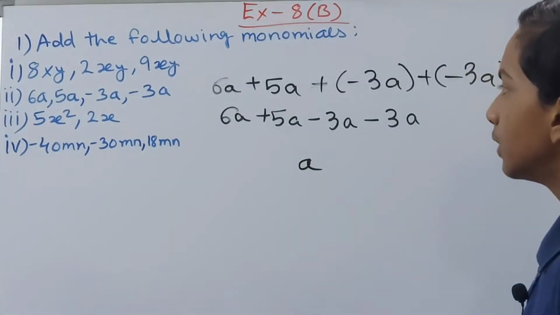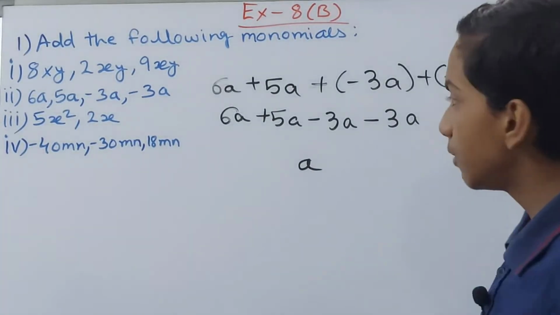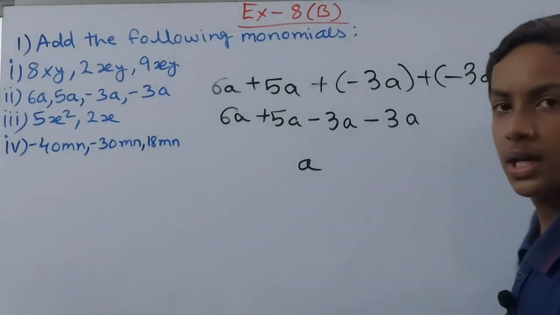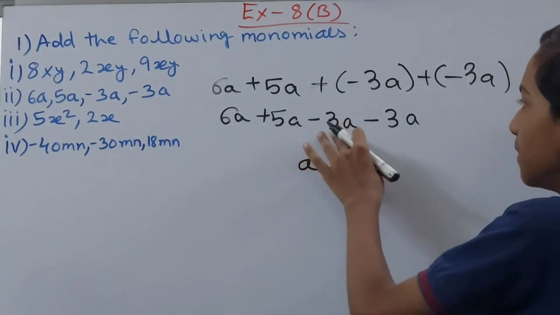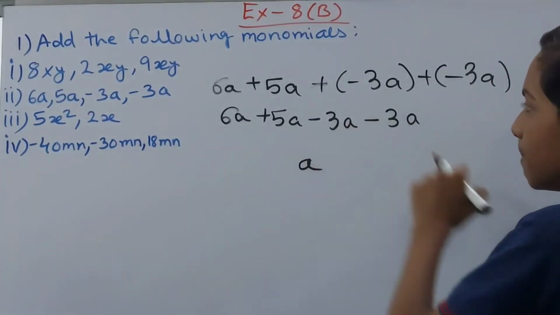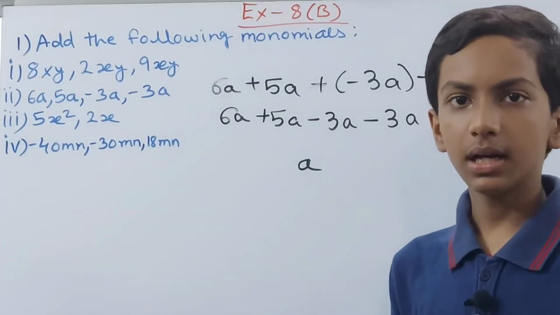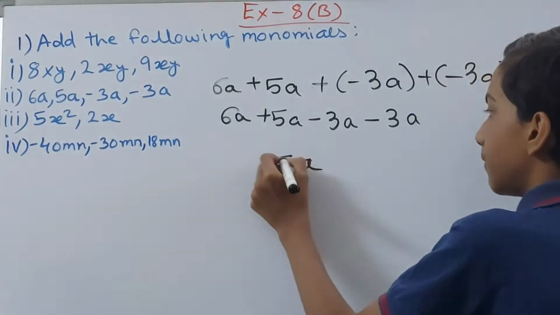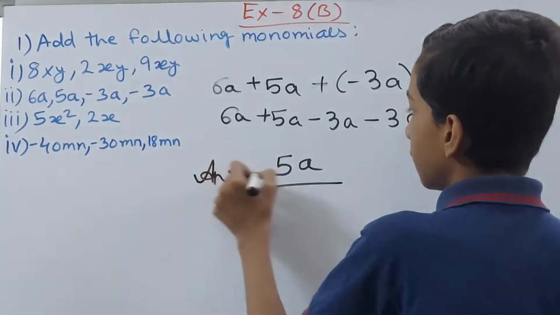Now we sum up the numerical coefficients. 6 plus 5 is 11, and 11 and minus 3 and minus 3 will be minus 6. So 11 minus 6 is 5. The answer becomes 5a.